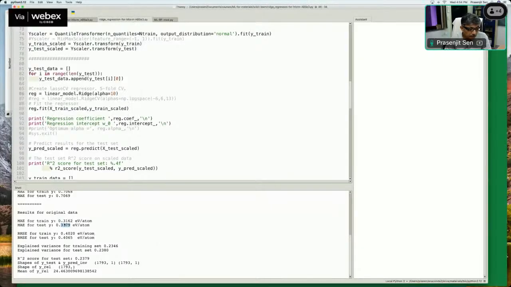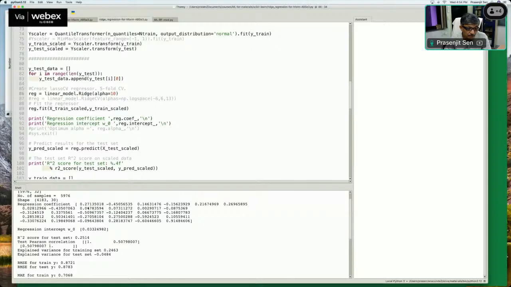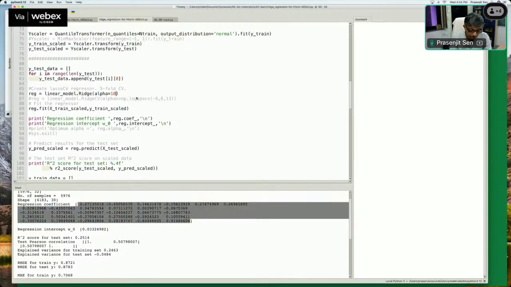These numbers have not changed very much, with the same or similar values. Let us look at the coefficients. Again, none of the coefficients is exactly 0. That is obvious. We'll increase it further because this hardly takes any time.